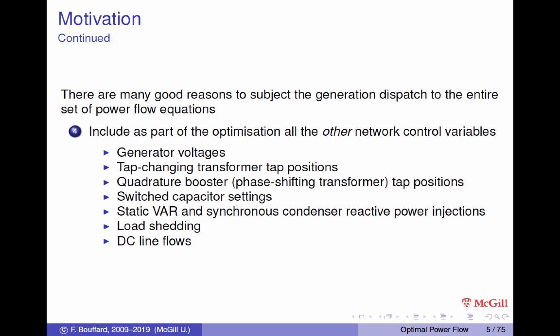So generator voltage levels, tap changers, phase shifting transformers, capacitor settings, static var compensators, etc. So there are a lot more decision variables to be looked at than just plain generation dispatch. So most optimal power flow problems will include these variables as part of the bigger optimization.